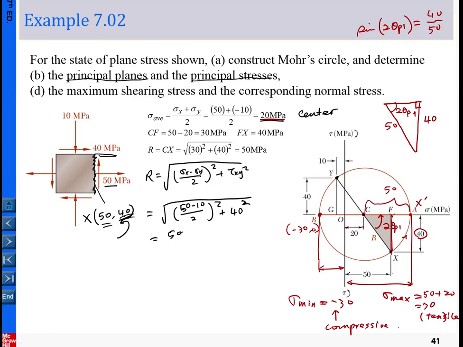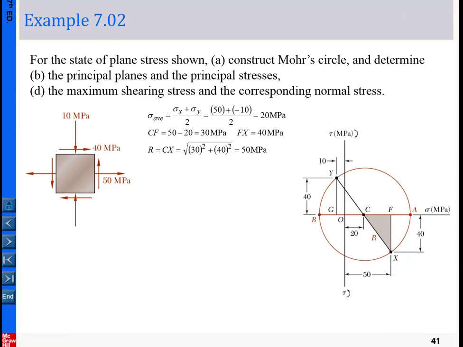And then the maximum shear stress. Let me erase everything here and redo it. The maximum shear stress is at the north pole and the south pole, where we have the maximum value.